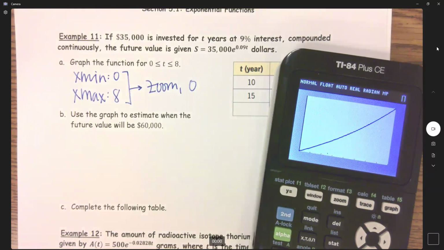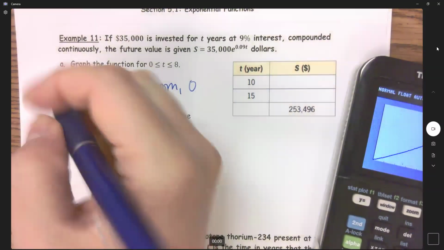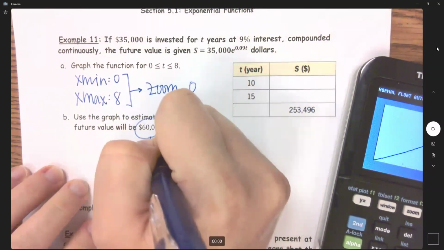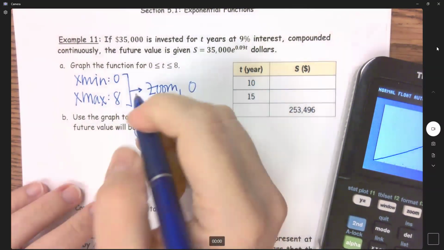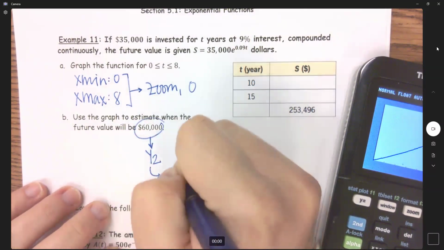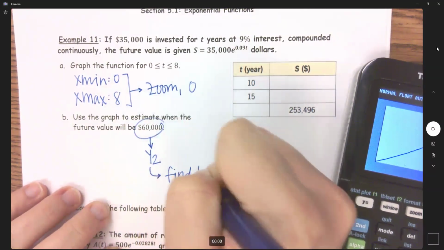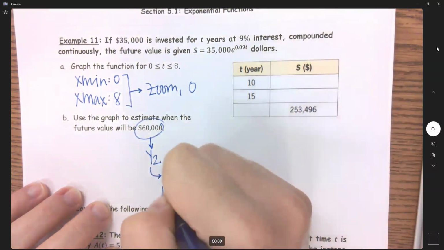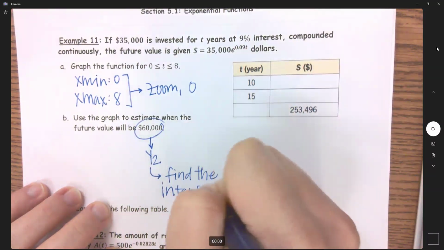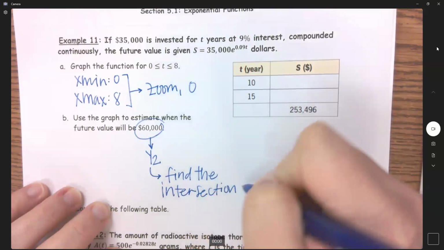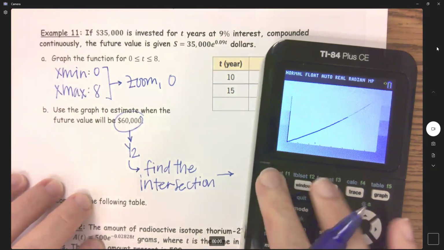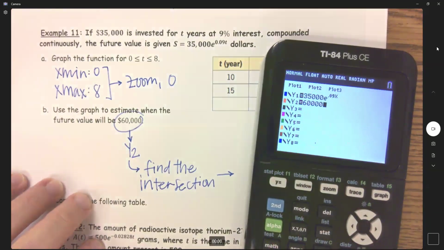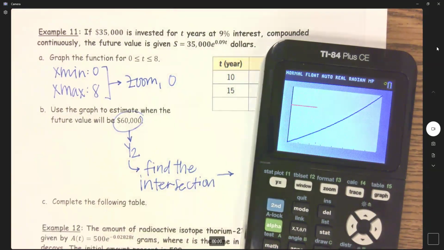So part B says use the graph to estimate when the future value will be 60,000. So this is going to be my Y2. And then we will find the intersection. So my Y2 is now 60,000. We'll hit graph.